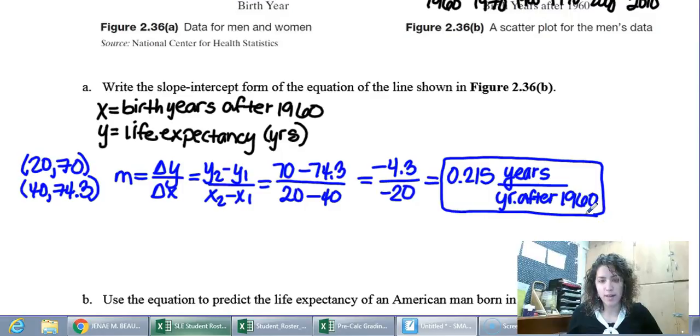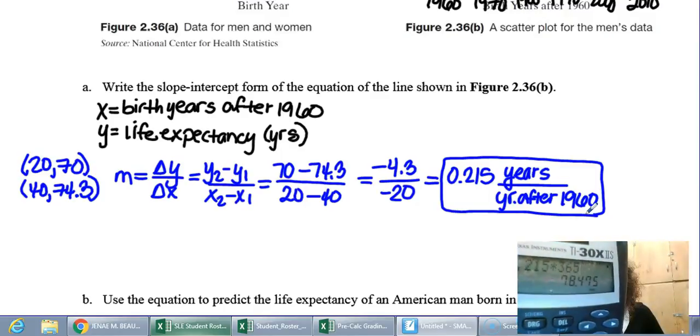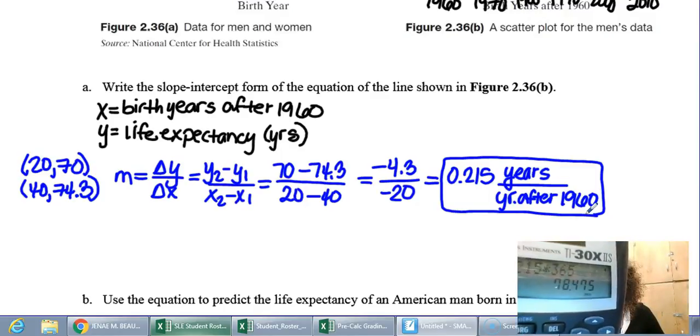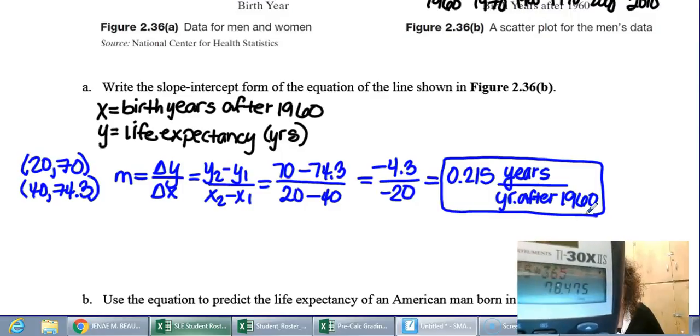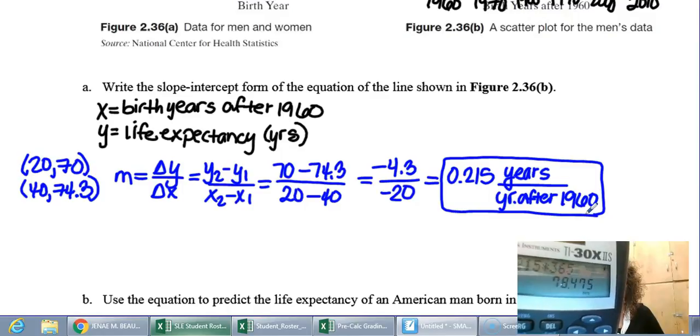Just a fun fact, multiplying that by 365 days in a year, 0.215 times 365 is roughly 78 days. So every year after 1960, men lived roughly 78 more days each year.